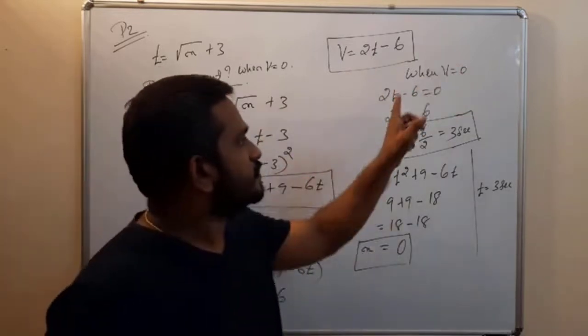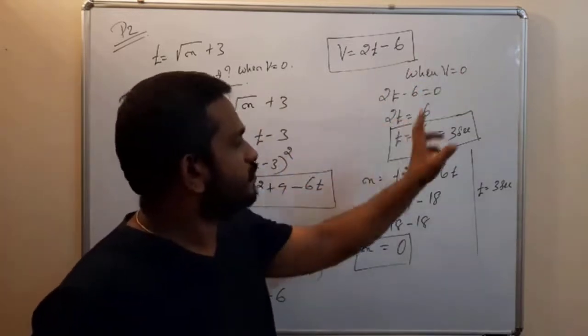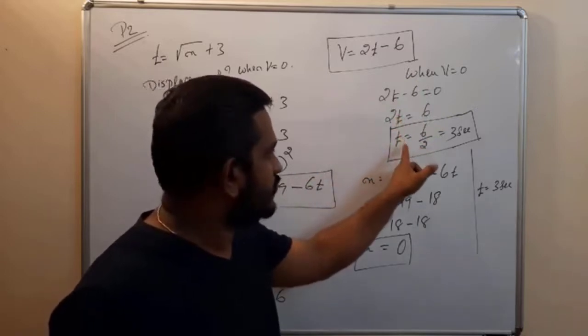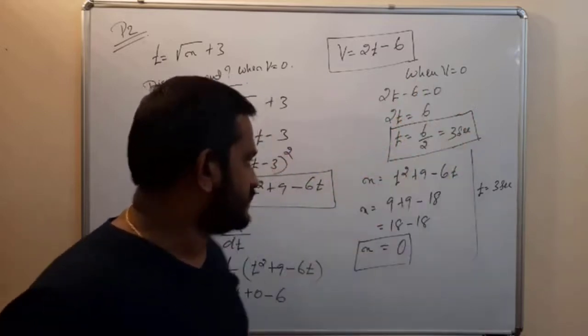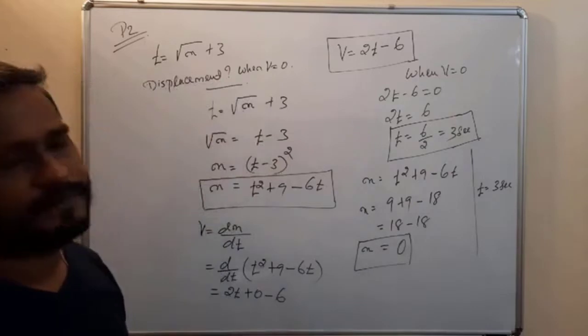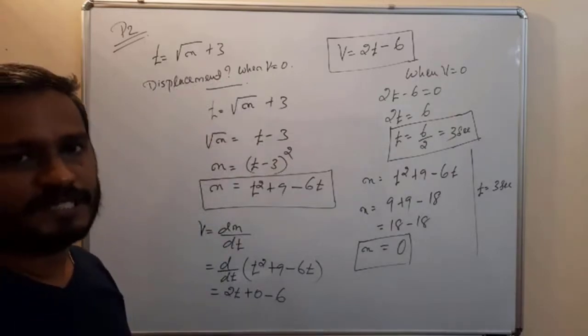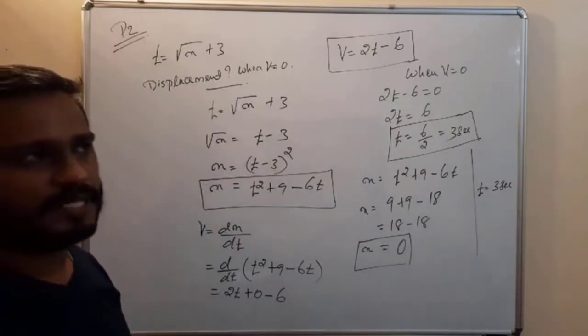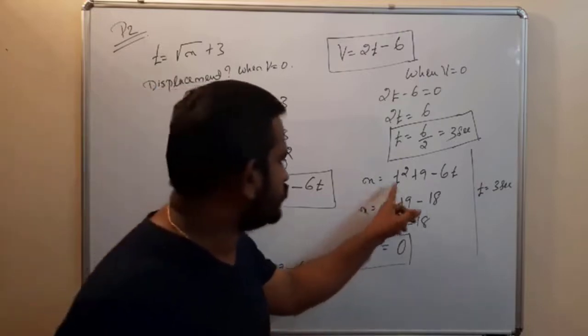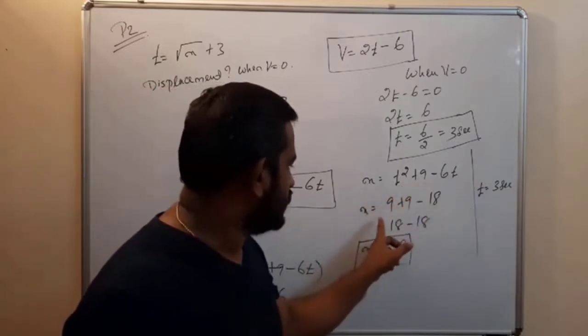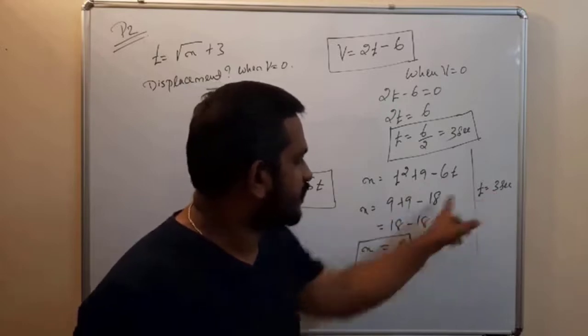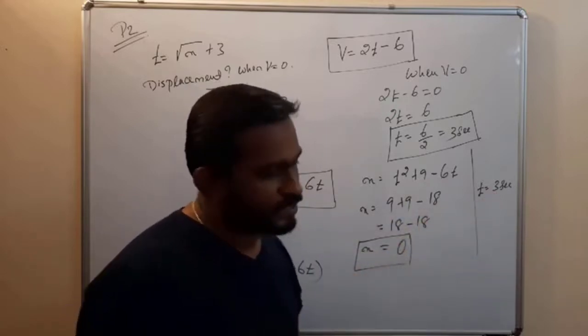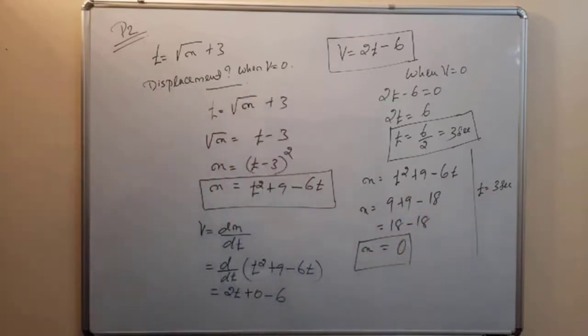When velocity is equal to 0, 2t − 6 equals 0, and we find t equal to 3 seconds. At that particular time, what is the displacement? Substituting the value of time into x equal to t² + 9 − 6t, we get x equal to 0.